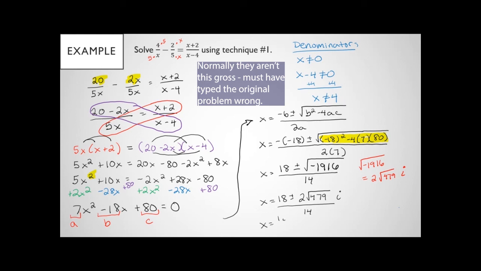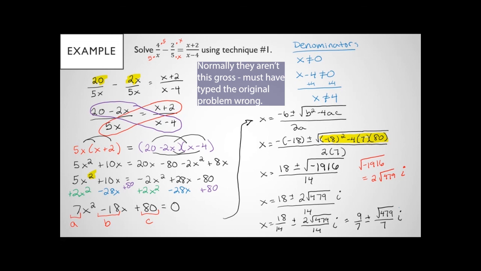So I can split this up, do 18 over 14 plus or minus 2 times the square root of 479 over 14 and i. And you can see that I can do some reducing here. The 18 over 14, I can divide those both by 2, so that would give me 9/7. And the 2 over the 14, I can cancel.